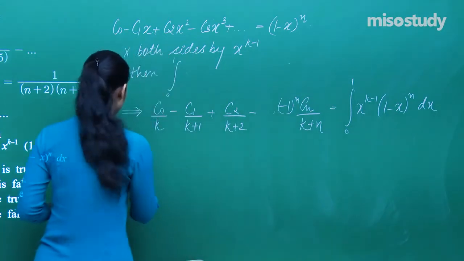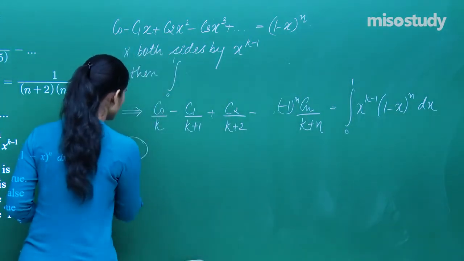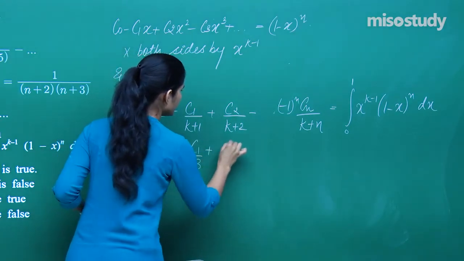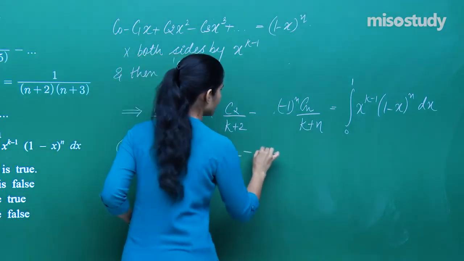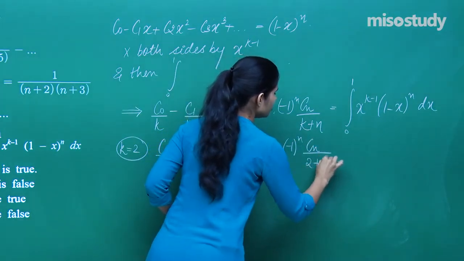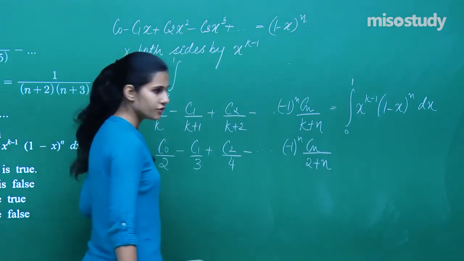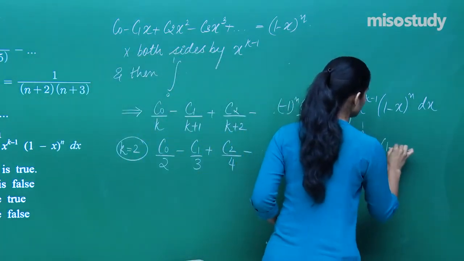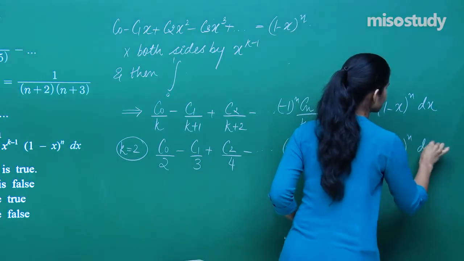Now when you put k equals 2, you get C0 by 2 minus C1 by 3 plus C2 by 4 and so on minus 1 to the power n Cn by 2 plus n. Right? Here when you put k equals 2, you basically get the integral of x into (1 minus x) to the power n dx.